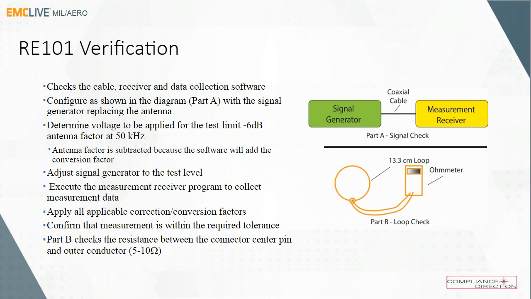So the idea is we need to see that we're consistent with it. If we start seeing higher levels and they're consistently, a trend might indicate that we need to have the antenna repaired, looked at, etc., or just simply replaced. They're kind of difficult to repair.